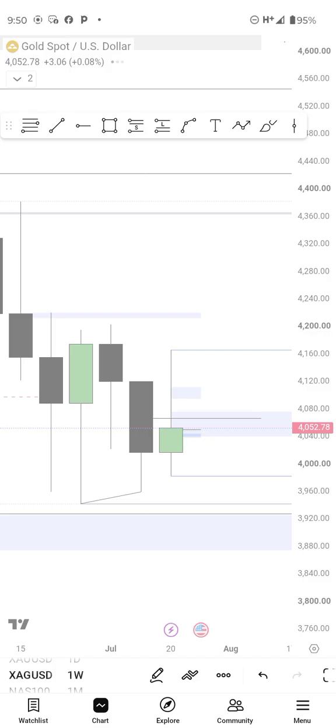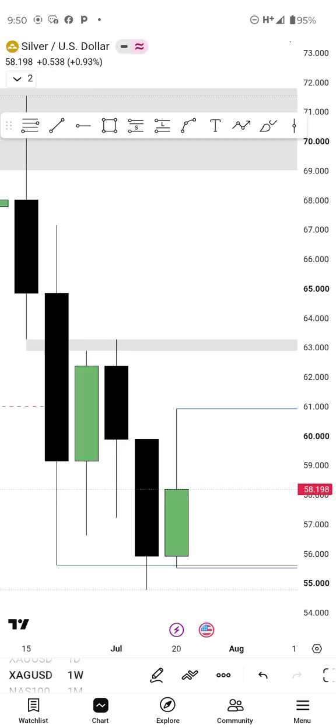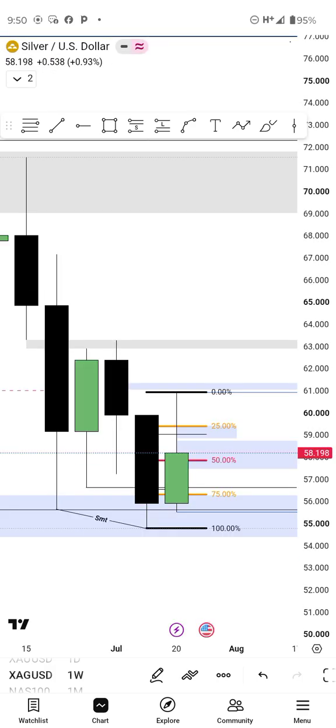XAG, its correlated asset, has taken the other block's low, which is the series of up close candles. That's the market structure break.